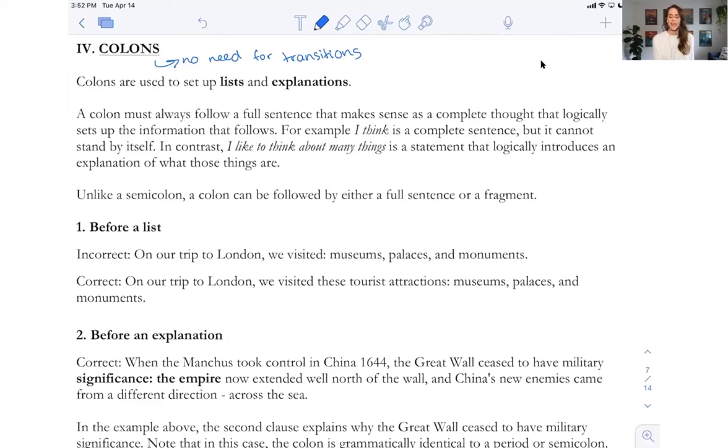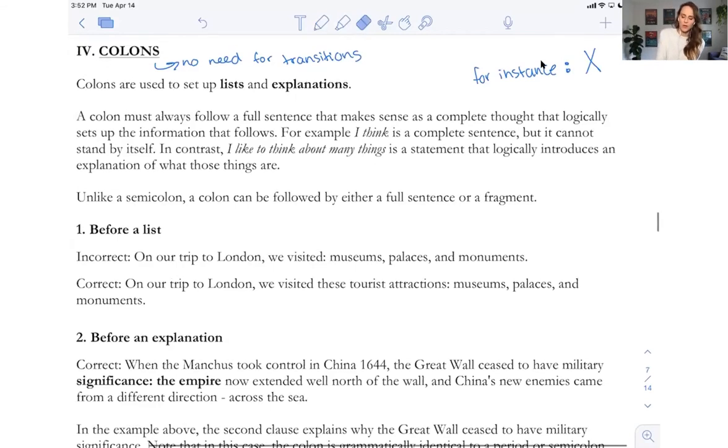So if I said, for instance, and then a colon, that would be really not that great grammar. It would almost be redundant, like saying, for instance, for instance. I could just have the colon by itself, and that says, for instance, or for example. I don't have to have that transition word or phrase there.